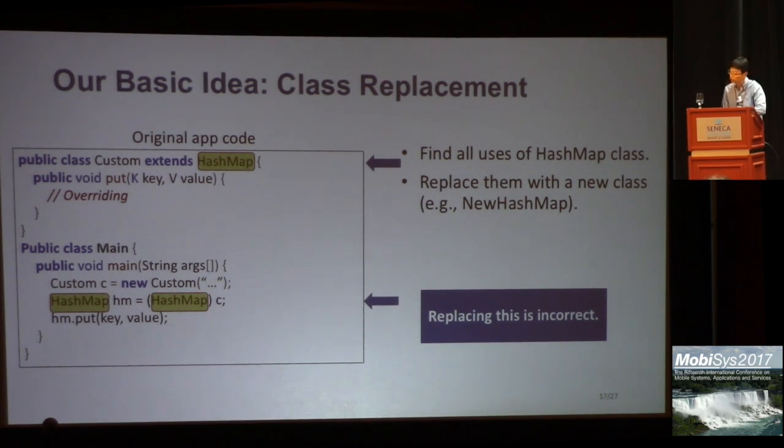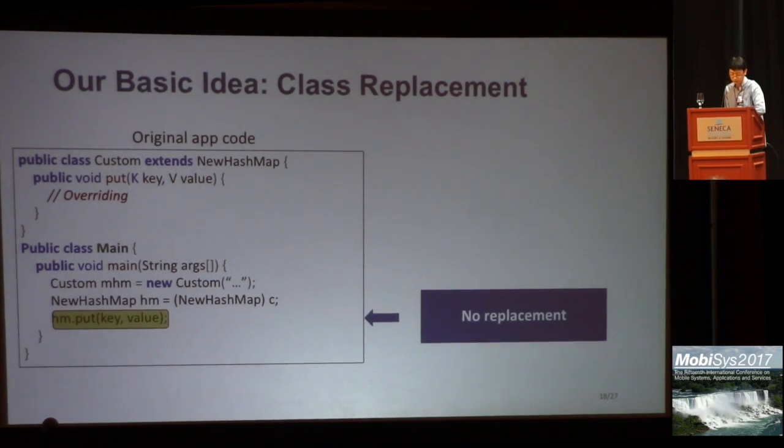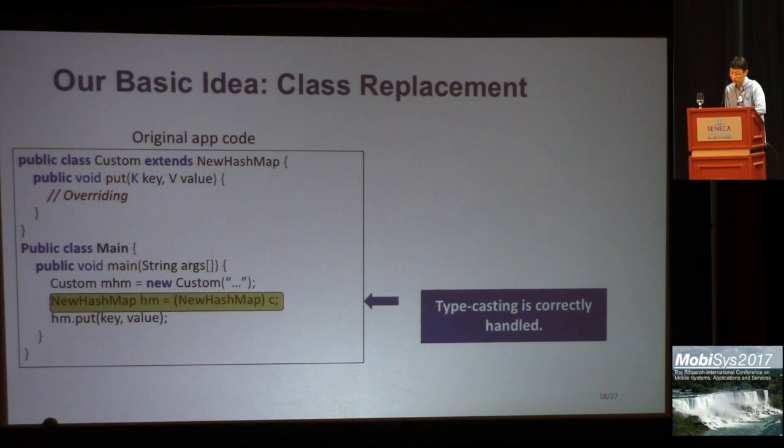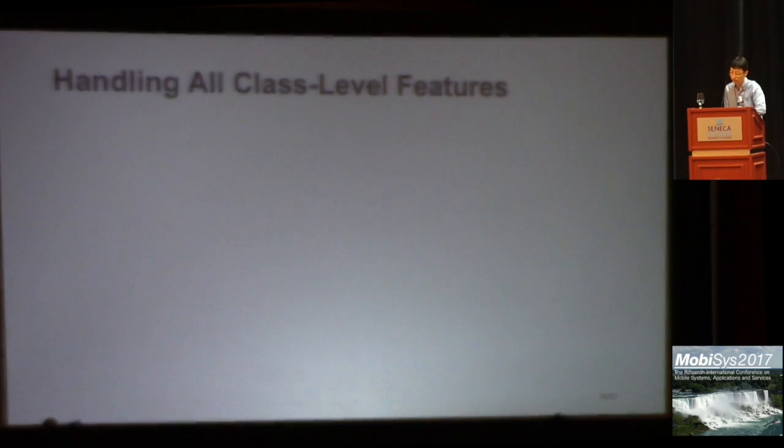After transformation, the code looks like this. Unlike method replacement, we preserve custom.code. Our approach does not incorrectly replace custom.code. This is because our approach handles type testing correctly. However, as I mentioned, there are so many complications that we need to handle for class replacement.